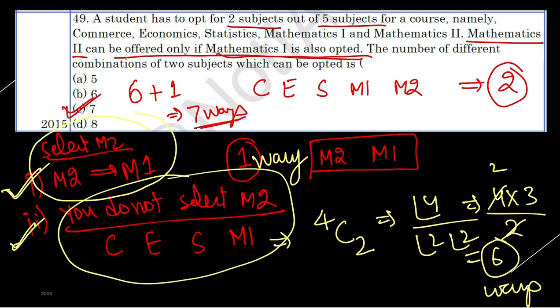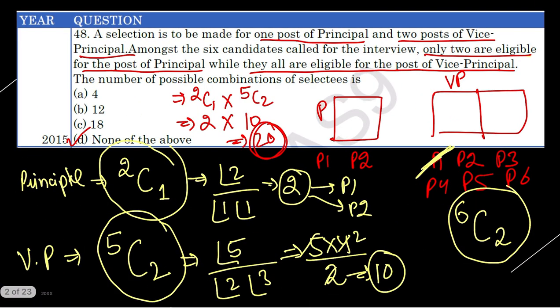Now the other thing is, when will multiplication be used? When one case is totally dependent on the other case. This is what you saw in the last question: selecting principal and selecting vice principal are dependent on each other. Why? Because there are total 6 candidates. You select one person as principal, you are left with only 5 options.